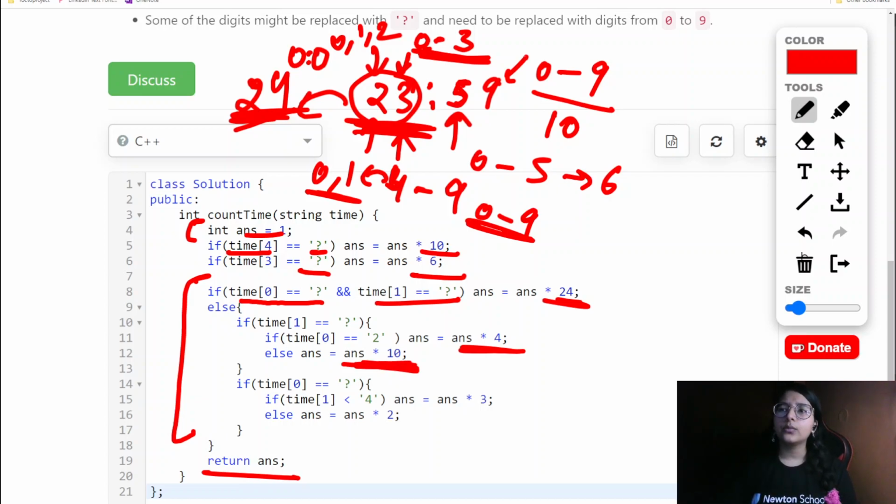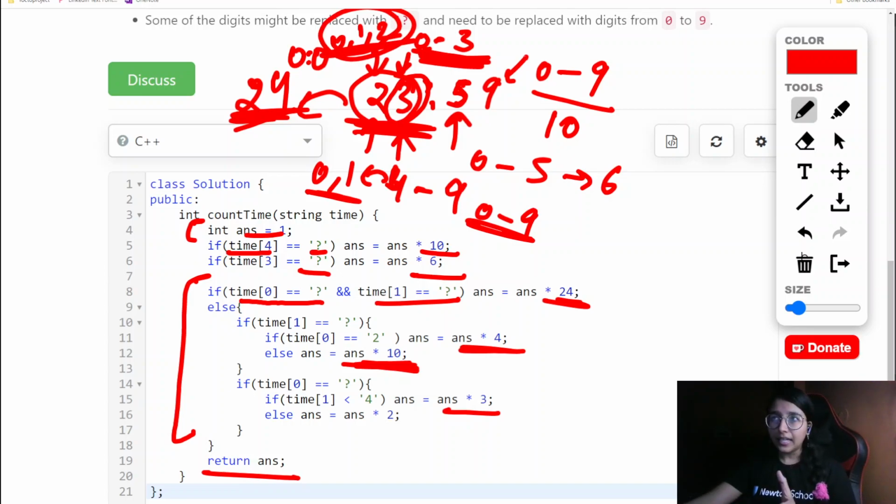Then comes the part. So this was for when time of 1 is equal to question mark, but if time of 0 is equal to question mark, in that context, first we will be checking if time of 1 is less than 4. So in that context, we will be having three possibilities. So time of 1 is less than 4, and in that particular context, we are having just these three options, right?